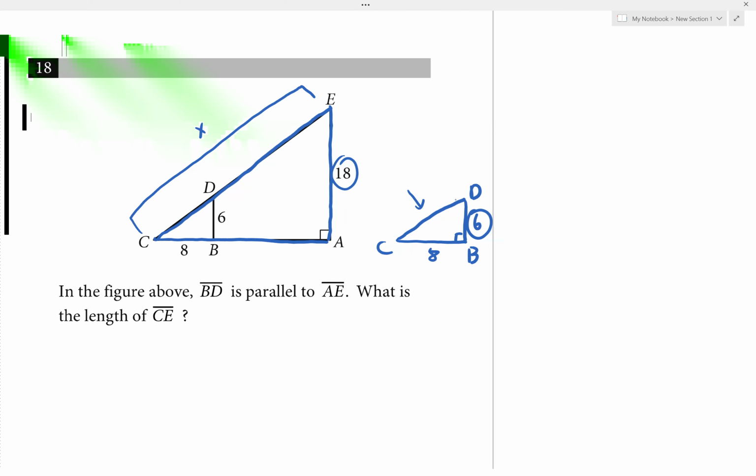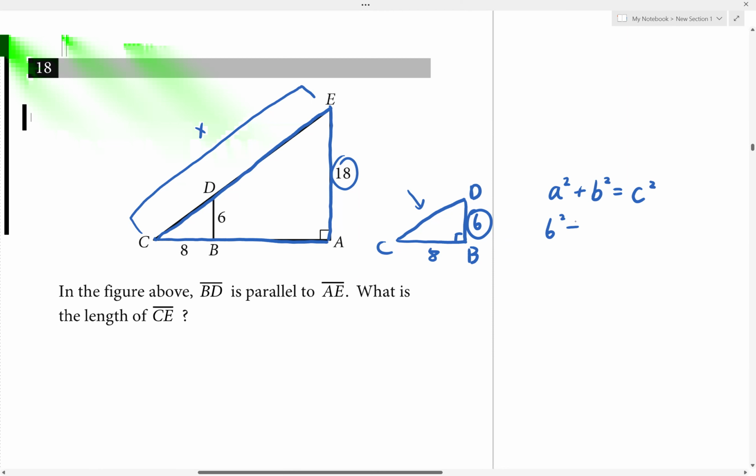We can solve for CD because the smaller triangle is a right triangle, and we know the two legs are 6 and 8. For right triangles, we can always use the Pythagorean theorem: a squared plus b squared equals c squared, where the two legs are a and b.